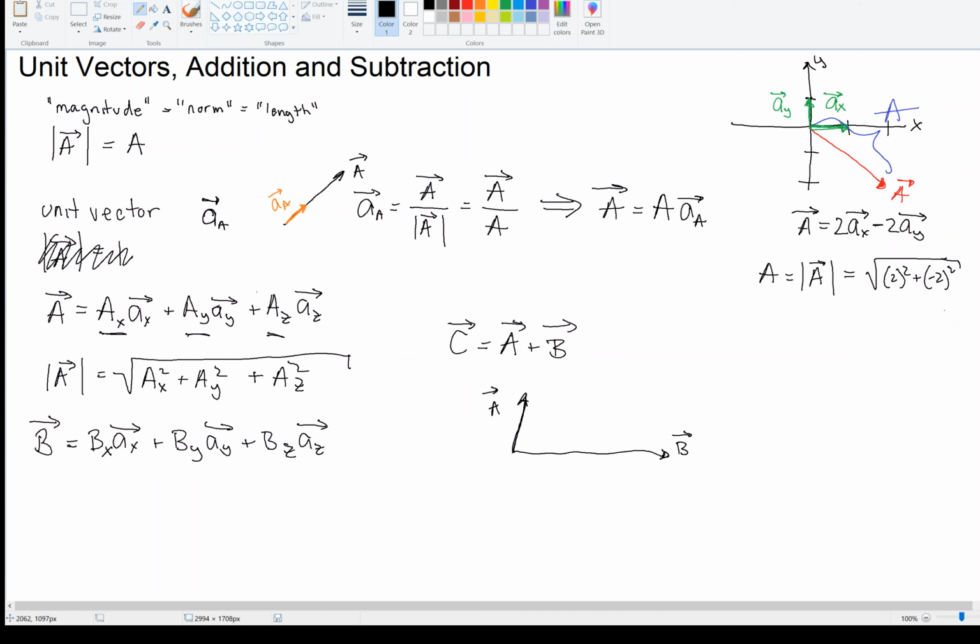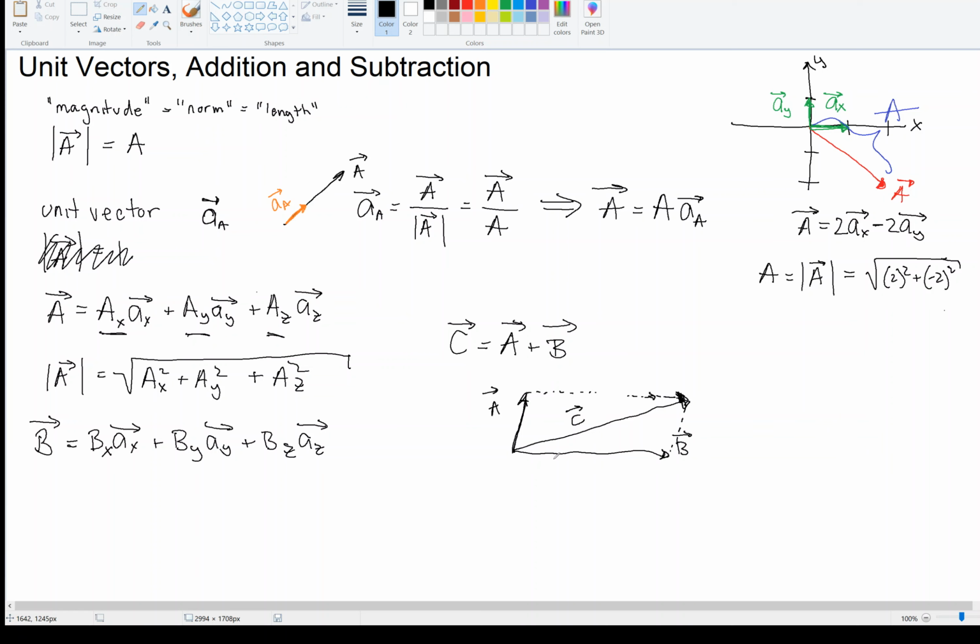Well, vector c, you can imagine if I put B's tail right here to A's tip, then B would look something like this. Okay, so that's the so-called tip to tail, and then the resultant vector is this thing here. This would be c. So what I did here was I just moved B to put its tail by A's tip, and then that gives me vector c. And you can see this makes a parallelogram. Okay, so this is the parallelogram method.